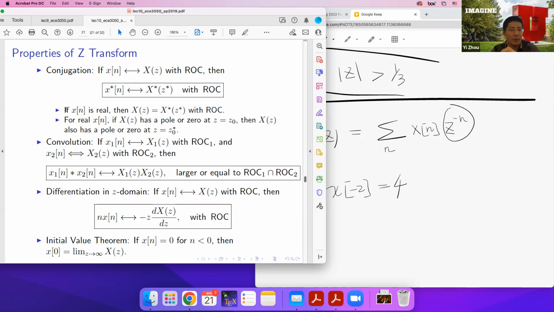And in particular, if the signal is real valued, then the original Z transform equals this double conjugated Z transform. Because when x is real, these two are equal, basically.